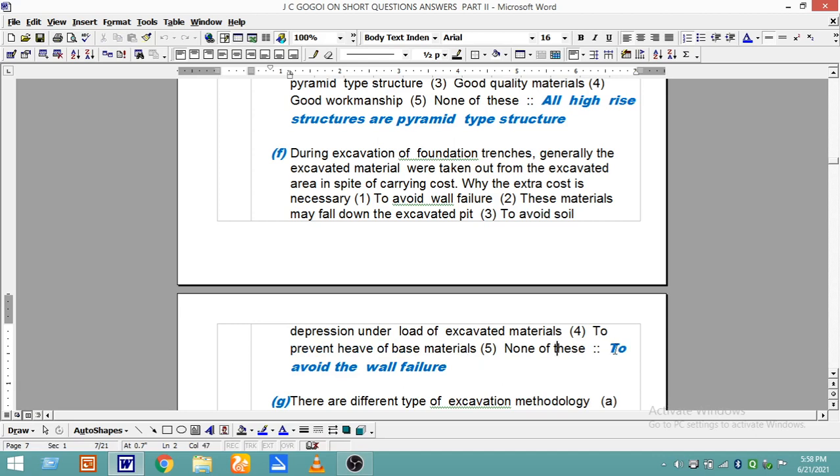Correct answer is to avoid the wall failure. If we dump near the side of the excavated trench, due to load the cut sharp wall shall fail.